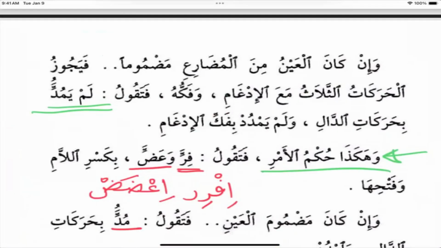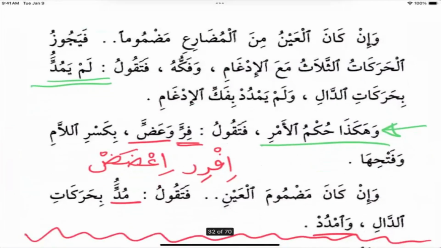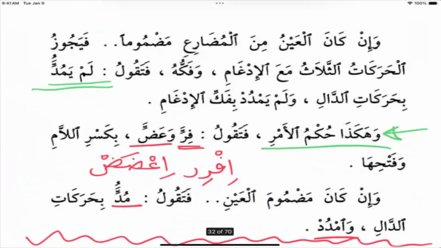He says: فتقول سر وعضي أو وعضه, فر وعض, like this with fatha. Okay, if it's يعض شيخي, then I think it should be أعضد. It's يعض, yes, but let's go step by step if you want.